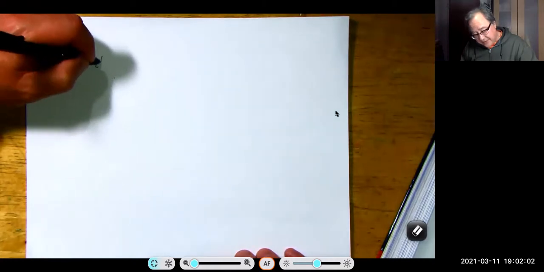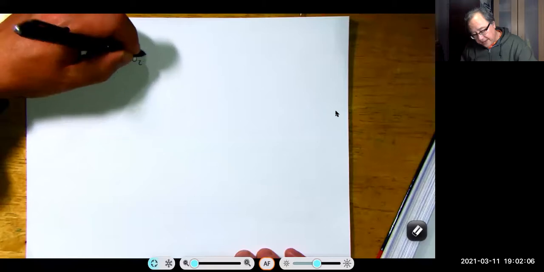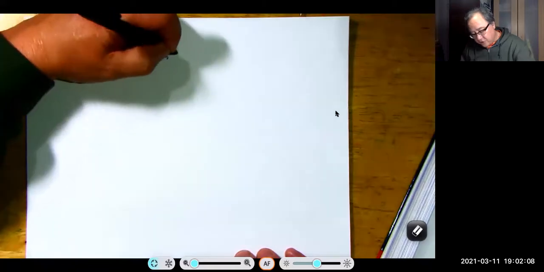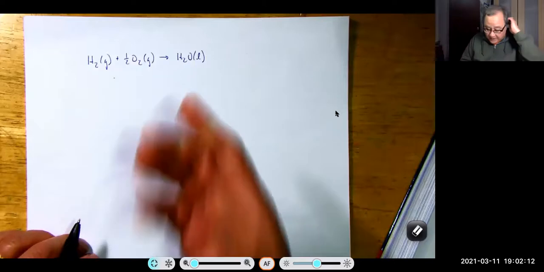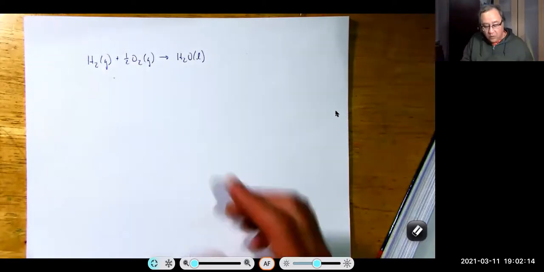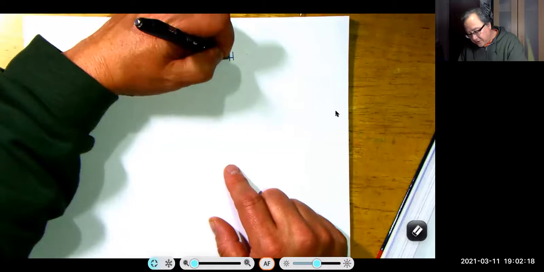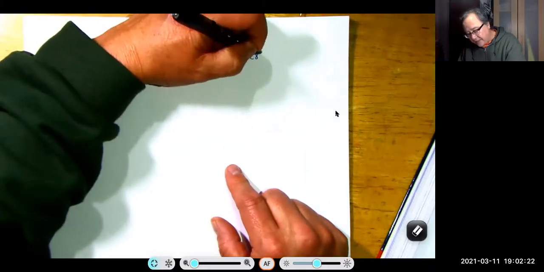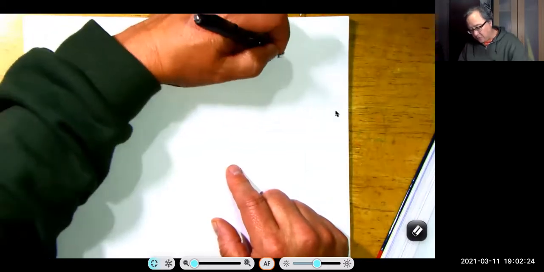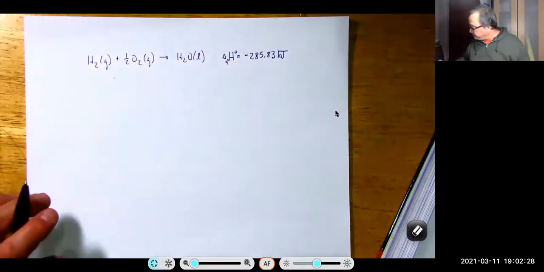H2 gas plus 1/2 O2 gas gives you H2O liquid. That's the enthalpy of formation reaction for 1 mole of water. And the change in enthalpy of formation for this is negative 285.83 kilojoules per mole of water formed, or per mole of reaction.